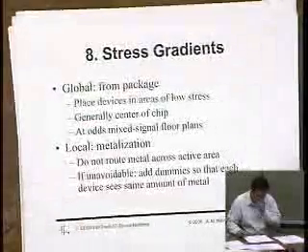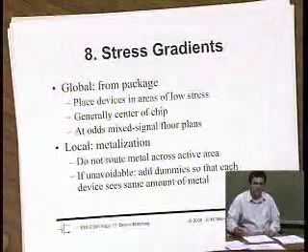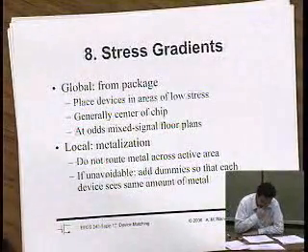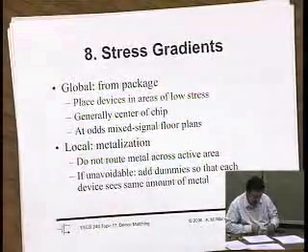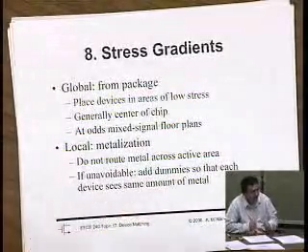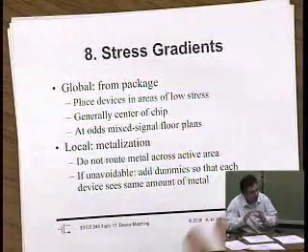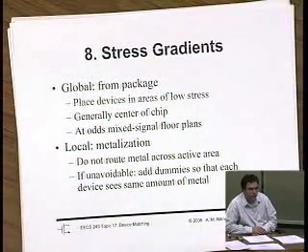Something else that a little bit more subtle is stress. And the idea is that because different parts of the chip feel different mechanical forces, or because different materials have different thermal coefficients, you end up getting local stress.